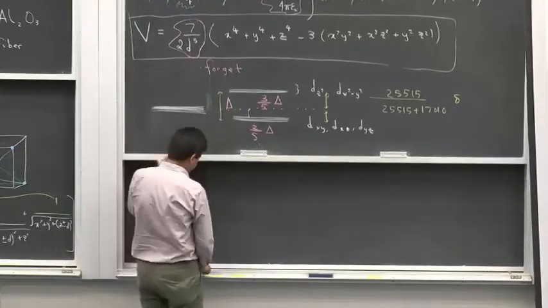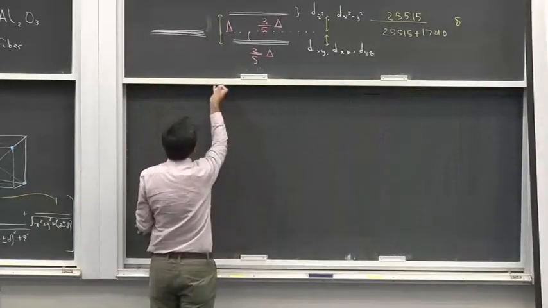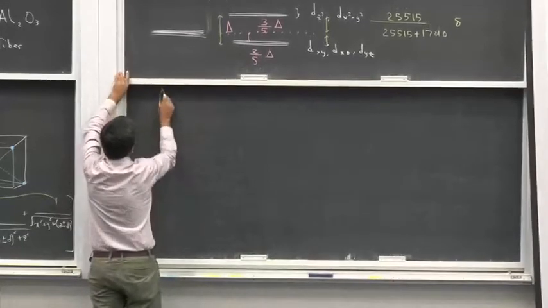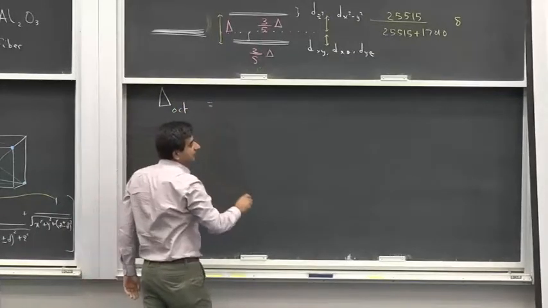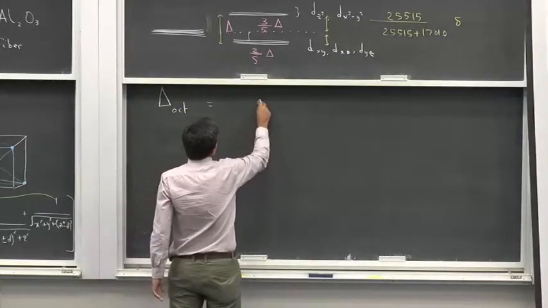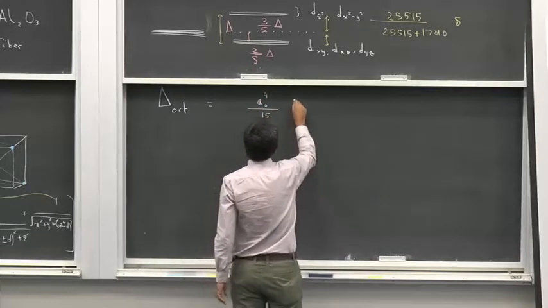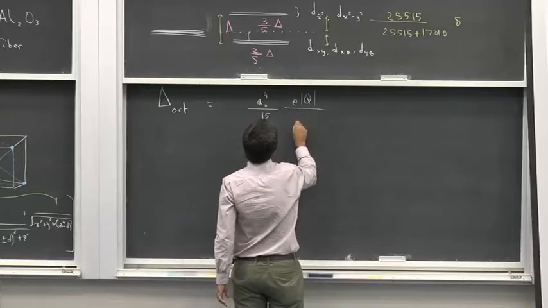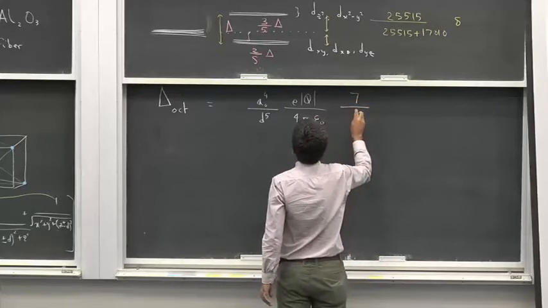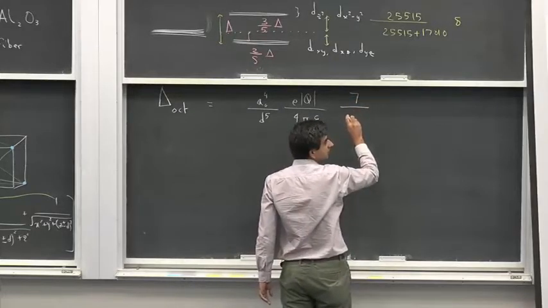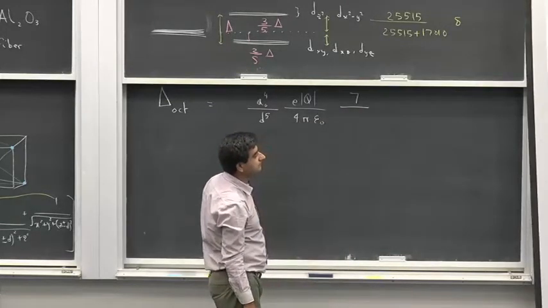Okay, so the delta for a d1 ion placed inside an octahedral environment is going to be A04 over d5, then there is EQ over 4 pi epsilon naught, then there is a 7 over 2.